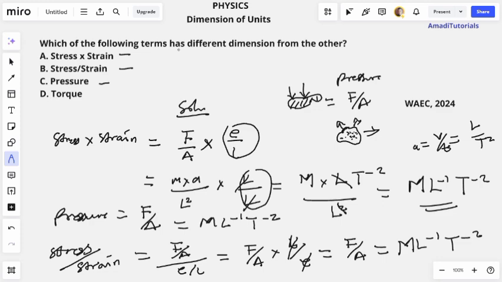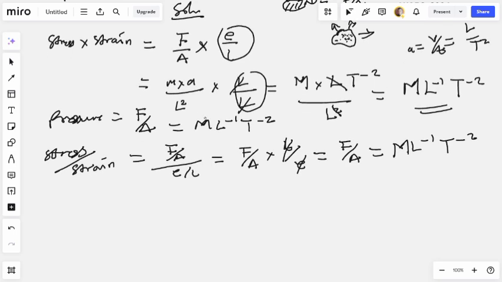Which of the following terms has different dimension from the other? So D will be the answer. D will have a different dimension. But however, let me just find the dimensional formula for torque.